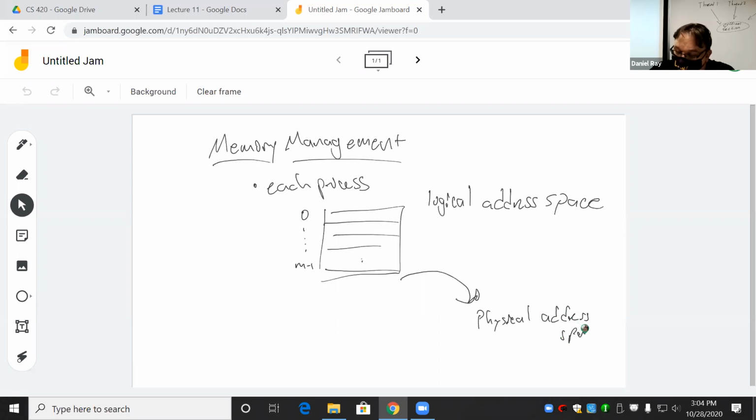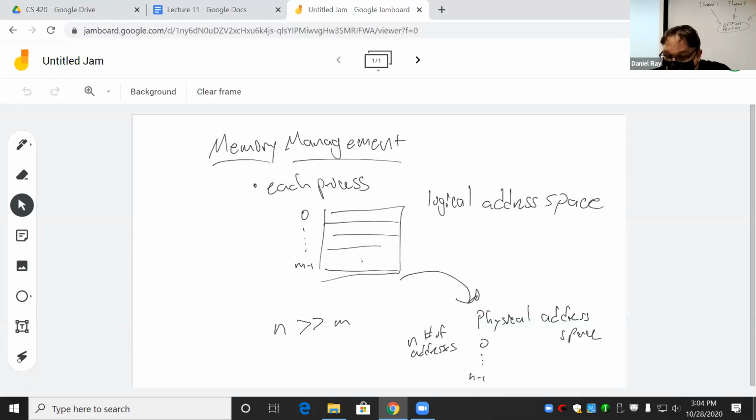Right now, we will generally believe, although it does not necessarily have to be the case, that the physical address space, which goes from 0 to n-1, where n is the total number of discrete addresses in RAM, is not only greater than, but probably significantly greater than m, for any value of m for any of the processes. Now, that's not strictly true necessarily, but it's usually going to be true, and we're okay with that generalization.